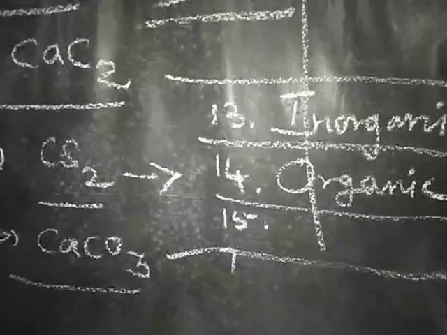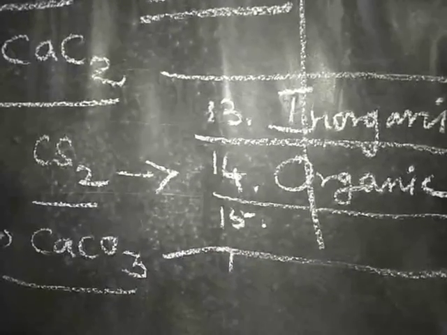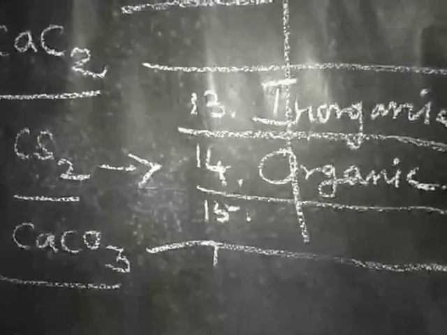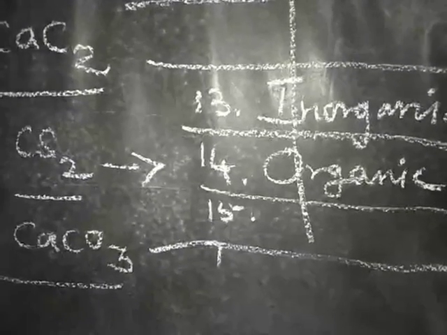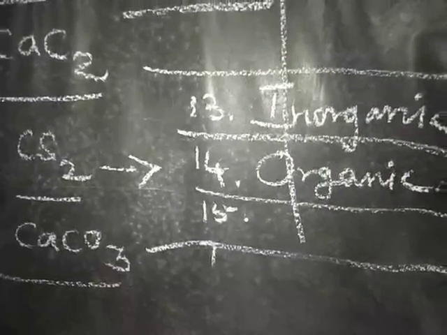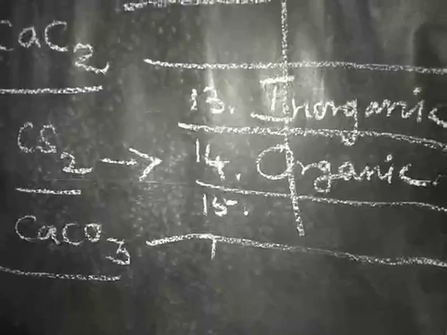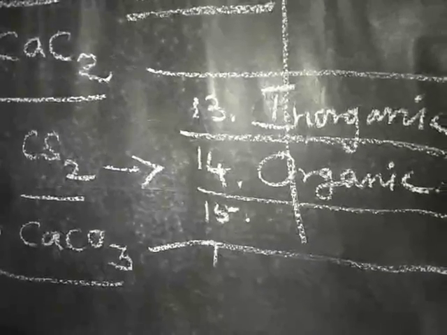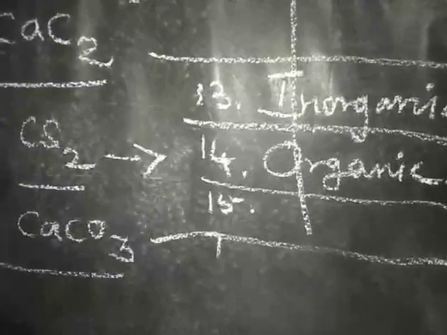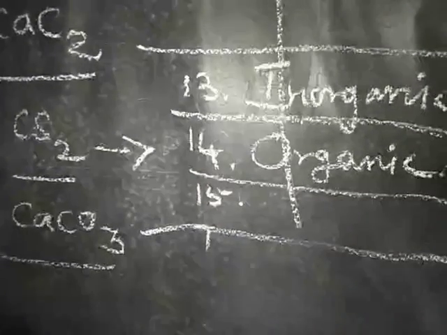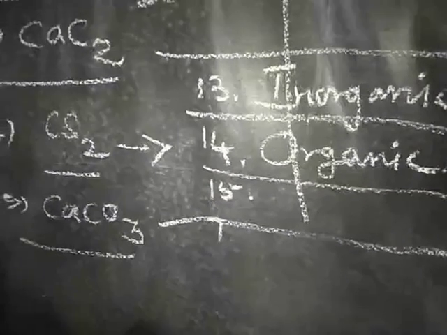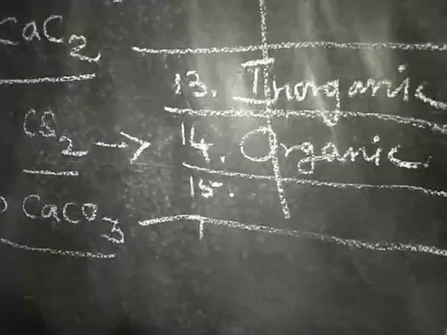Next, the 15th one: make the tabular column format of inorganic compounds. Tabulate the preparation and uses of inorganic compounds. That tabular column format is given on page number 174.